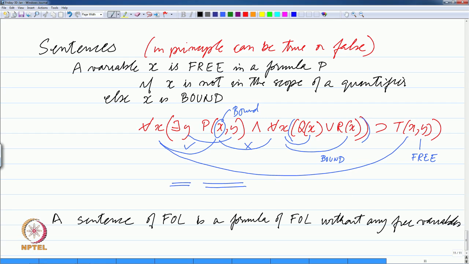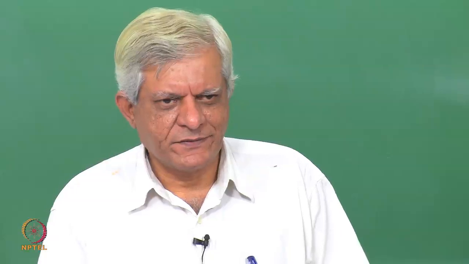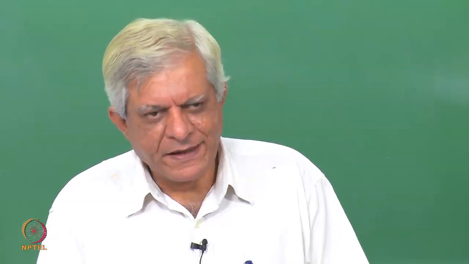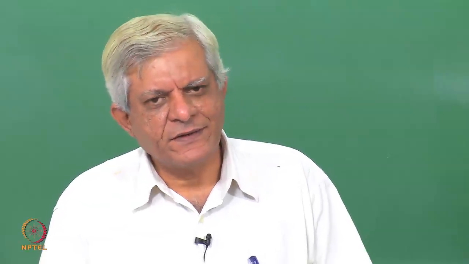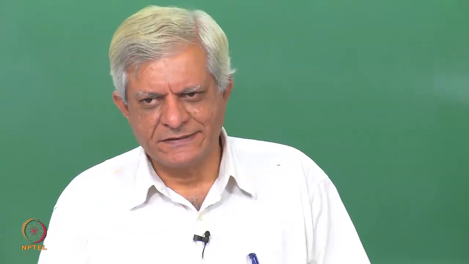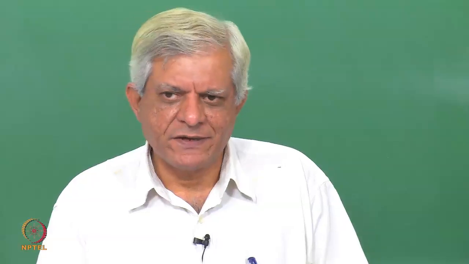So, any formula in which there are no free variables is a sentence of first order logic, and having chosen a set of relation symbols, a set of function symbols, a set of constant symbols, we can now define a whole set of sentences. So, that is a language that we have.